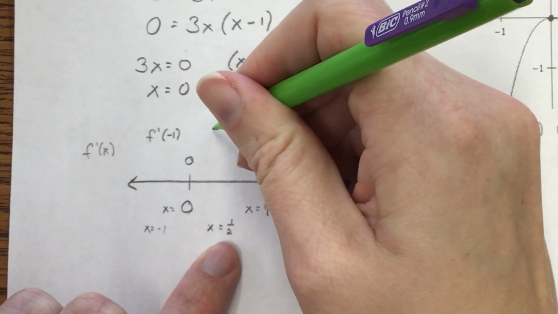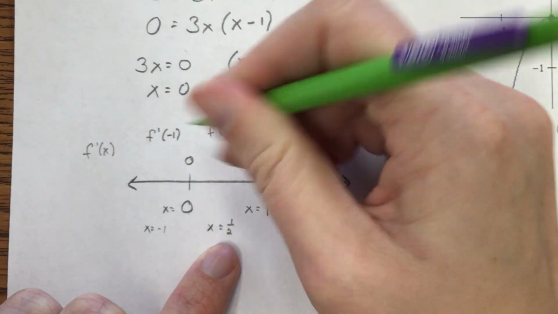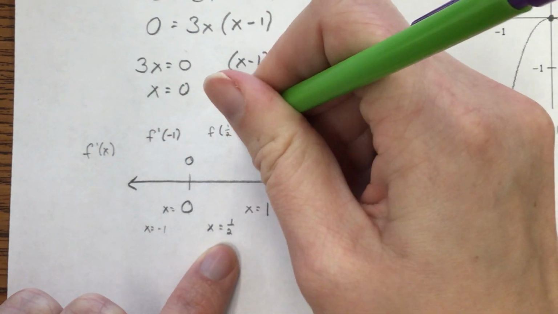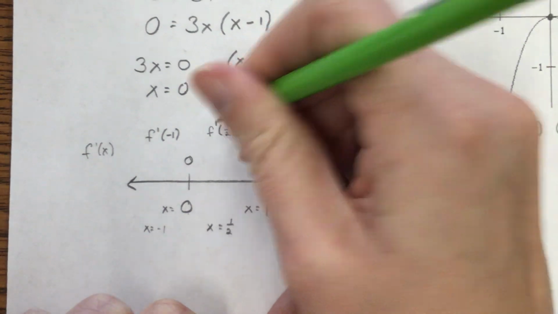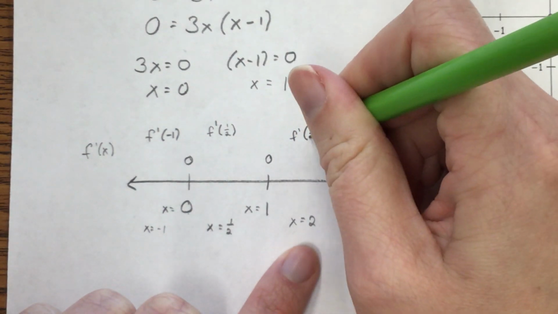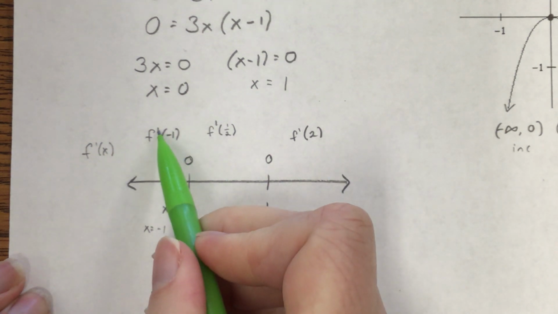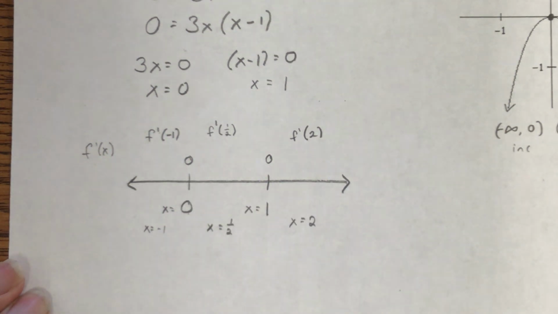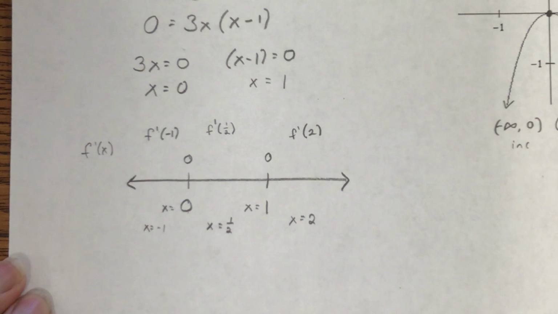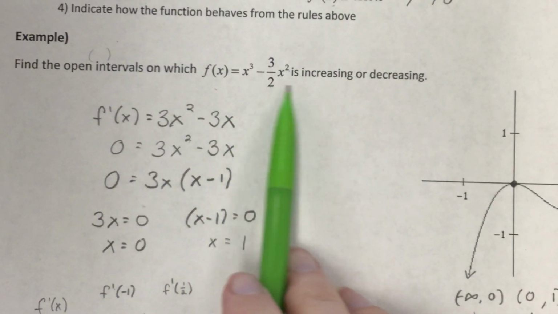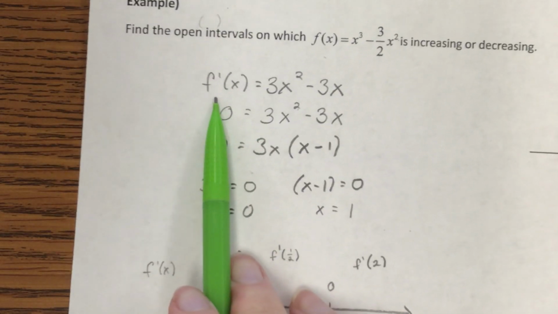Okay, so up here on top, we're going to find the sign of f prime of negative 1, the sign of f prime of 1/2, and the sign of f prime of 2. So all these signs are of f prime. We can find the signs of f prime by plugging into f prime of x.